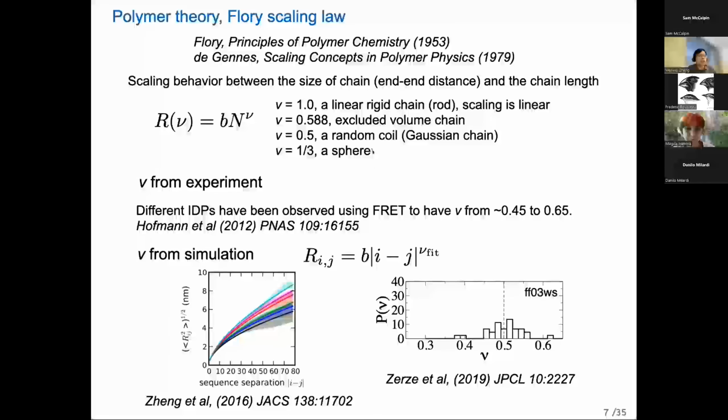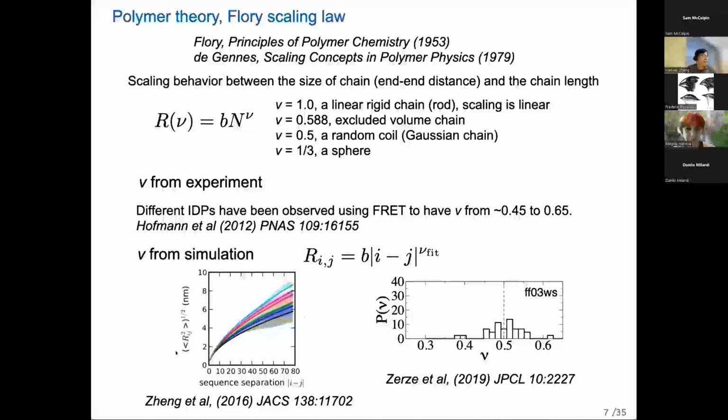But for simulations, this becomes more straightforward to obtain. We can quickly obtain the entire trajectory of the simulation. Then we can calculate the root mean square distance between the i-th and j-th amino acids, and use that equation to fit nu using the relation between sequence separation and distance.